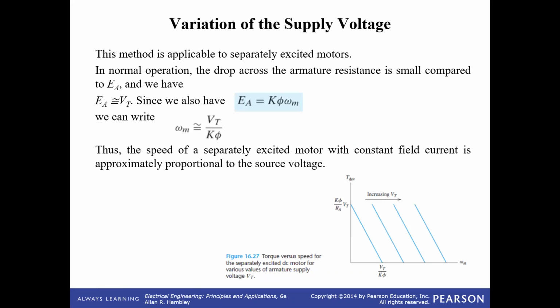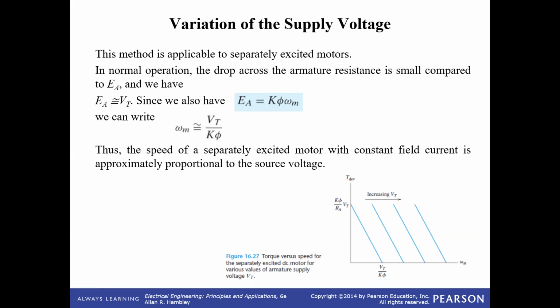So the first one is the variation of the voltage supply, or the V terminal. We have already learned series, shunt, and also separately excited DC motors.